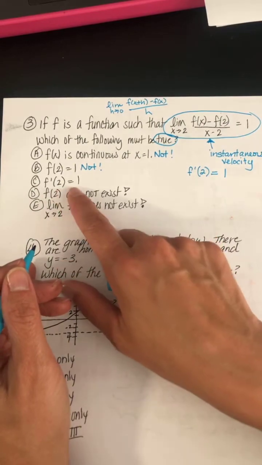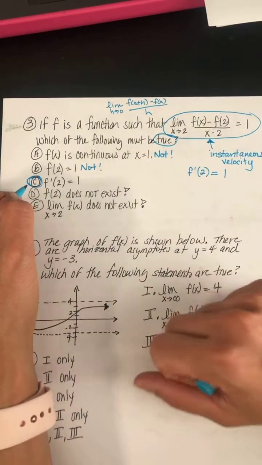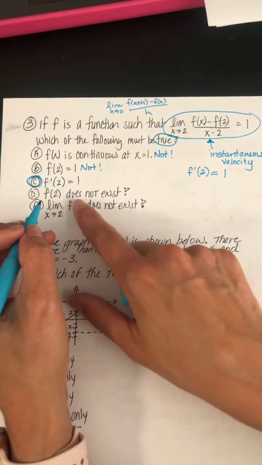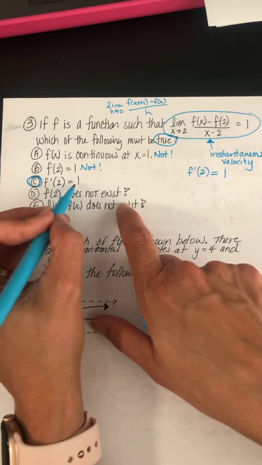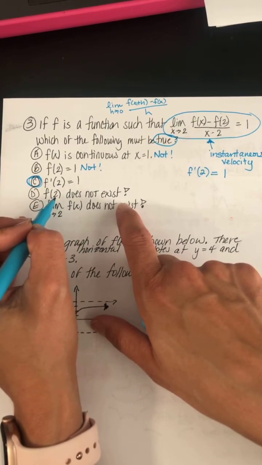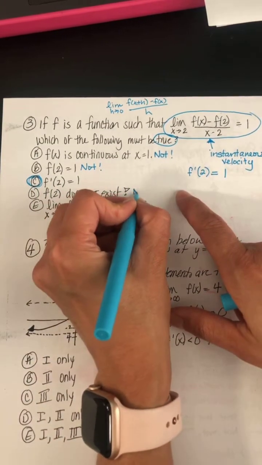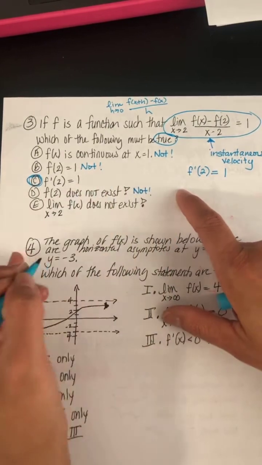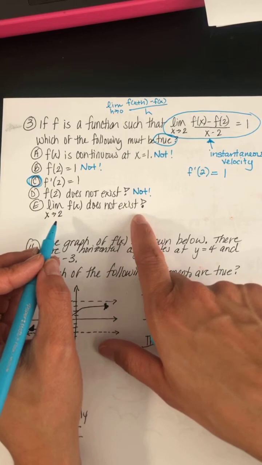F prime of 2 equals 1. Yes, that is true. That is what this information gave us. F of 2 does not exist. Well, if the derivative exists when x is 2, then the point must exist on the original graph. If it didn't exist, then it wouldn't have a derivative. So this is not true. The limit as x approaches 2 of f of x does not exist.